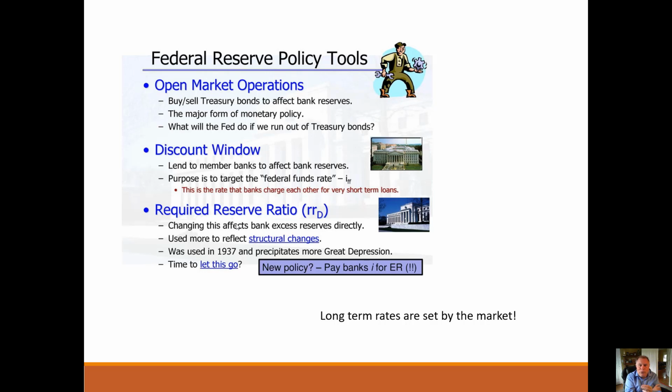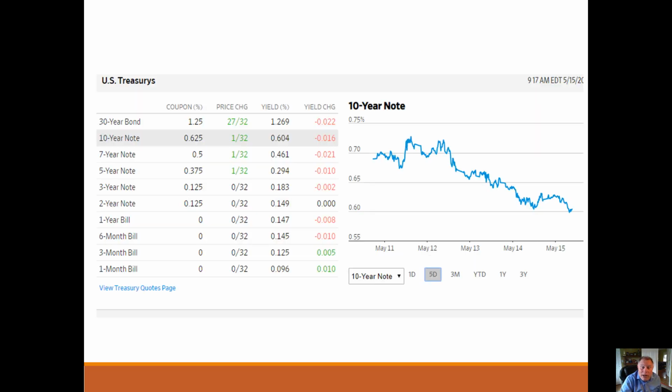Generally, banks will try to fund each other and not engage the Fed. The next thing the Fed can do is change the reserve ratio. How much do they need to actually keep on deposit? So those are the three tools: open market operations, the discount window, and the reserve ratio. Those are the tools they have to implement monetary policy.